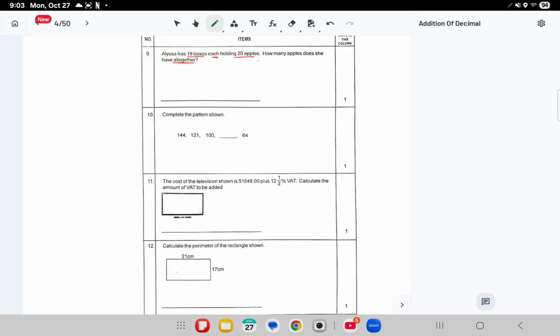So we know one box is equal to 20 apples. So for 19 boxes, it is equal to 20 multiplied by 19. Alright, and 19 multiplied by 2 is 38. Add the 0 to the end, so it's 380 apples.